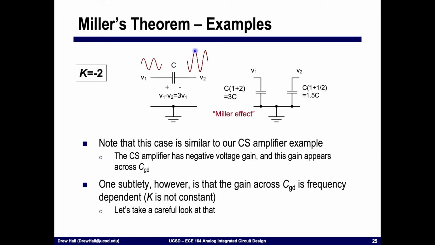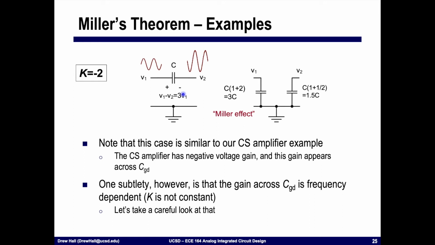So importantly, when I wiggle this up, the voltage across this capacitor is actually significantly larger. In part because if I wiggle this up V1, at the output it is going down by this gain of 2, and so that means that there's 3 V1 that is dropped across this capacitor.